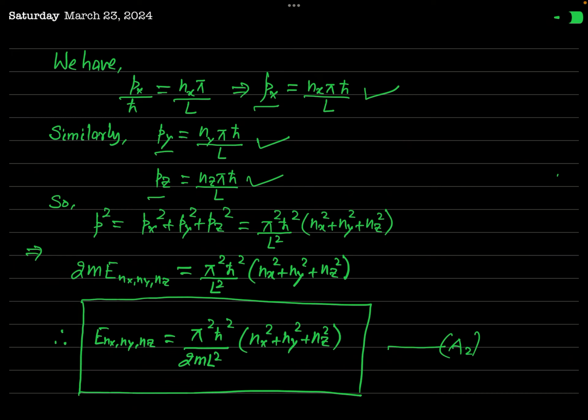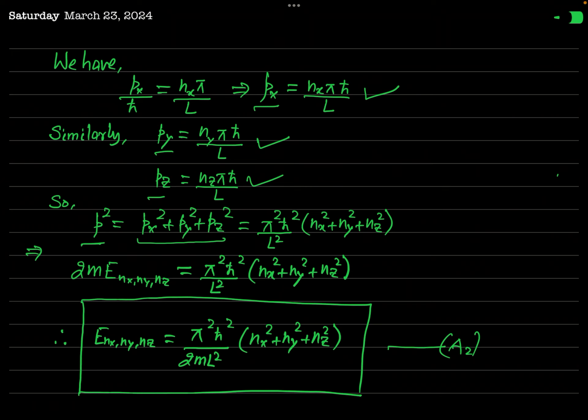But we know that the square of the magnitude of momentum, p square, is equal to px square plus py square plus pz square. Have you seen earlier? Okay. Now let us substitute the values of px, py and pz here.